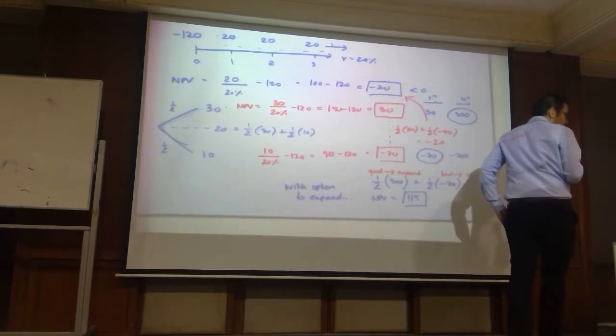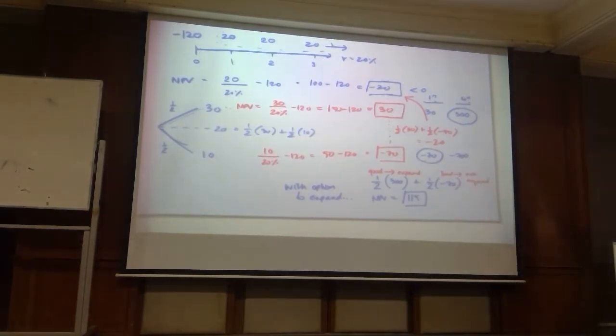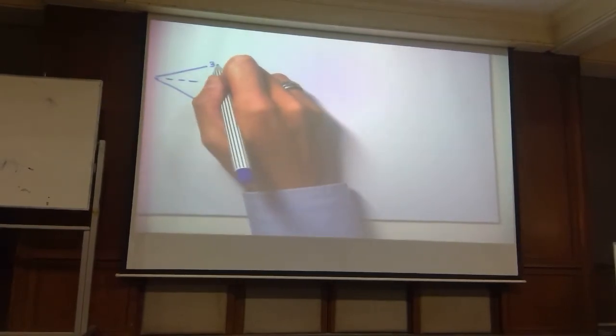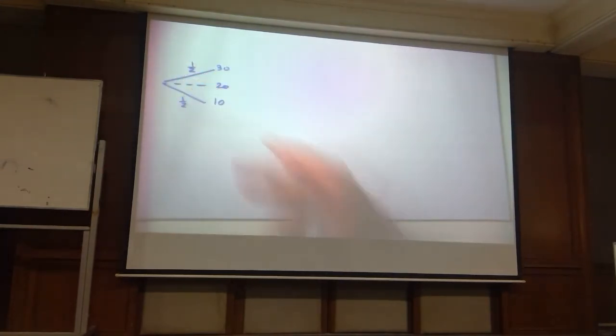So let's have a look at our setting. Okay, option to abandon. Let me change the numbers a little bit. We had the numbers like this. Okay, with equal likelihood, it could either be 30 or 10 in terms of cash flow. And the expected value is 20. I'm going to change the numbers so that the numbers are more extreme.